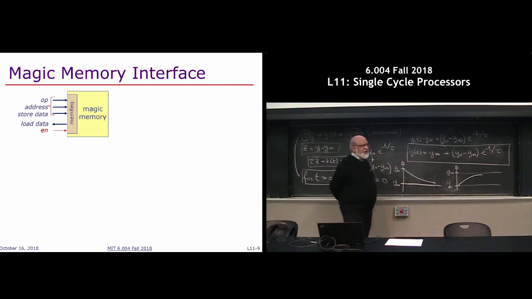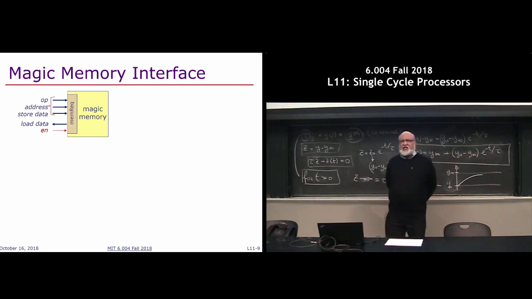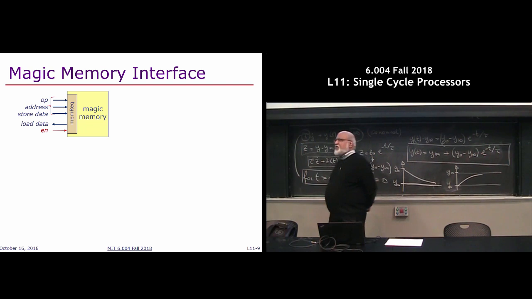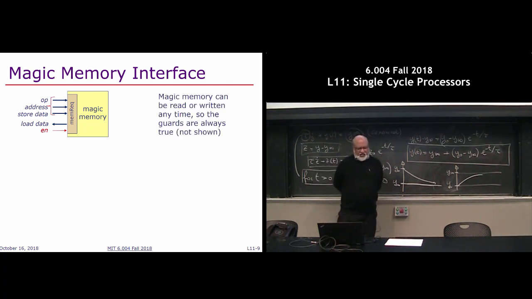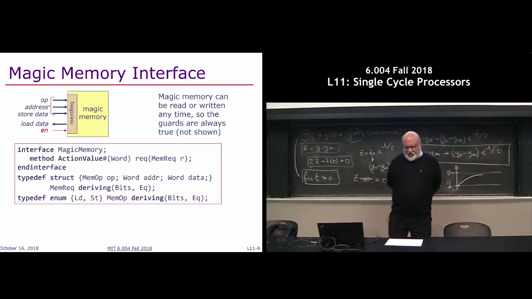And then you always have to supply an address. In case it's a load instruction, you just supply the address and you get the data back. In case of a store, you have to actually supply the data as it's going in, and no response comes back. You just write it and assume it's done. No response, void is the response for this. The guards are always true, again not shown.